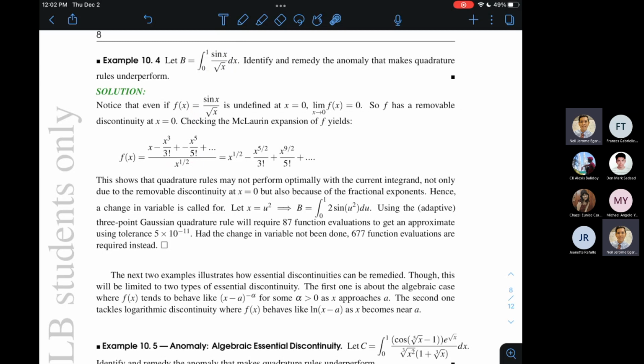for our quadrature rules. So, pwede kong tingnan, ito na lang yung integrand. Actually, two birds in one stone. Yung mangyayari kapag yung integrand, pinalitan ko lamang neto. Okay? So, nawawala yung discontinuity because this guy is continuous at x equals 0. Ang problema nga lamang ay meron siyang fractional exponent which will make it not sufficiently smooth.